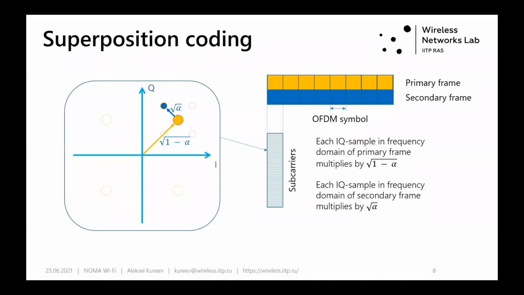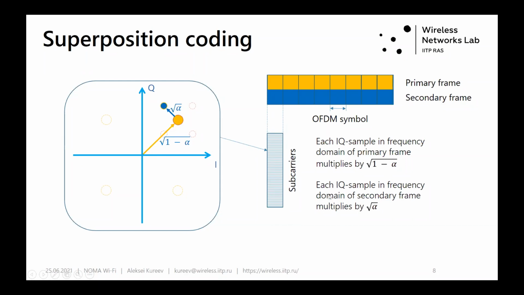Each signal in each subcarrier can be represented using IQ samples. And superposition works as follows. Each IQ sample in the frequency domain of the primary frame is multiplied by the square root of 1 minus alpha.